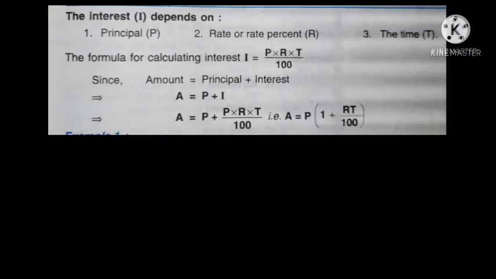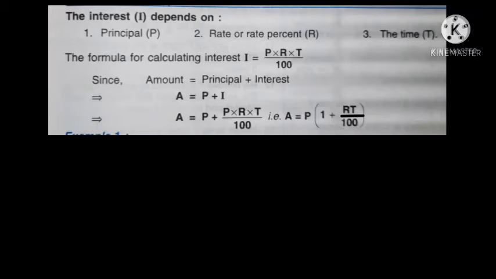Let us discuss some basic formulae. Remember, the interest depends on principal, rate or rate percent, and time. The formula for calculating interest is principal into rate into time upon 100.